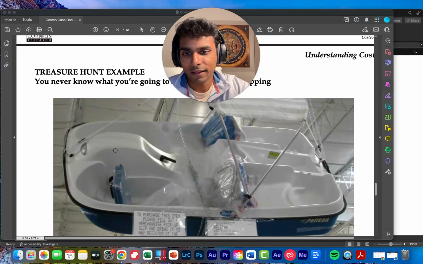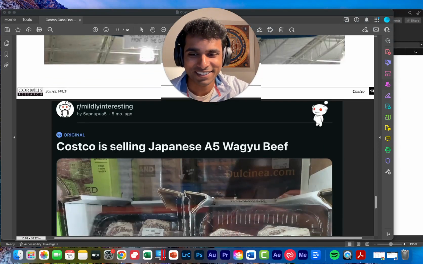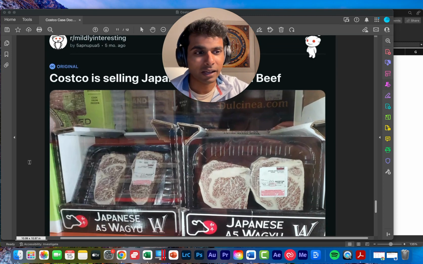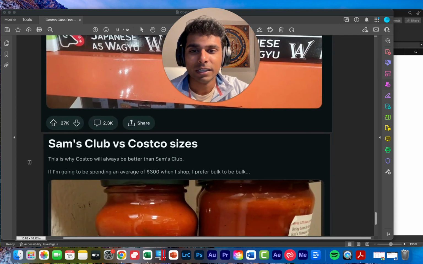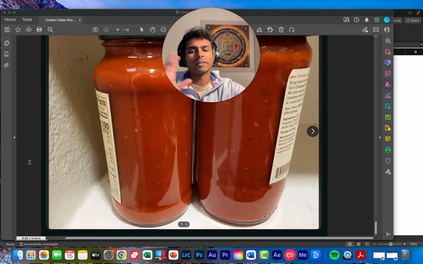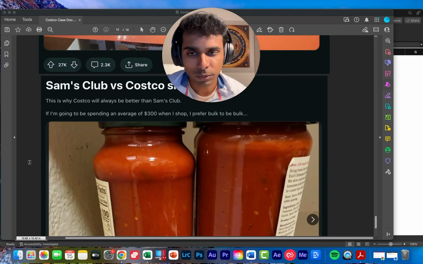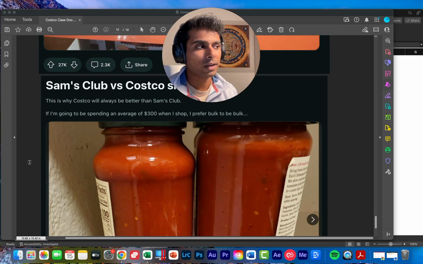Okay, the treasure hunt, yeah, you might find a boat, or Japanese A5 Wagyu beef. You're never going to find this at Walmart or Target, right? And then this is the other aspect. It's just one piece of evidence, I know, so I don't want to extrapolate too much here, but it's this idea of skimping on product quality, right?